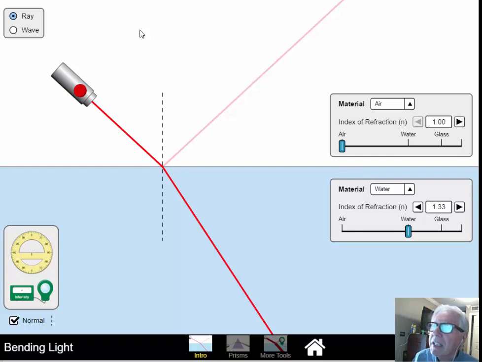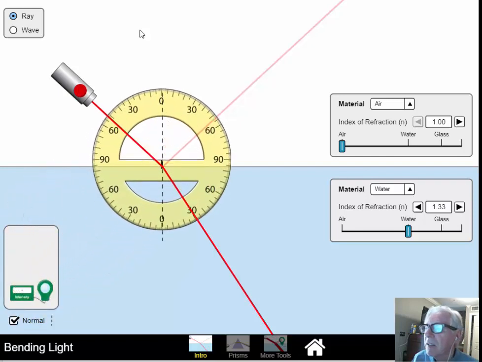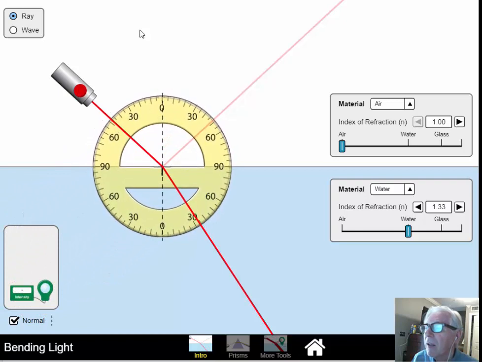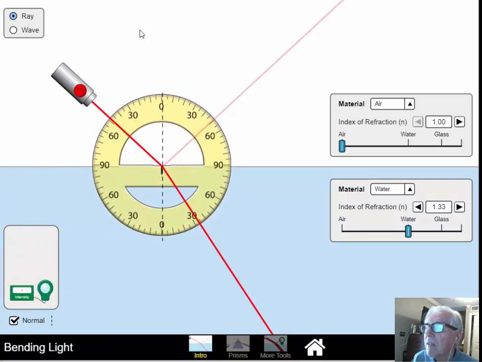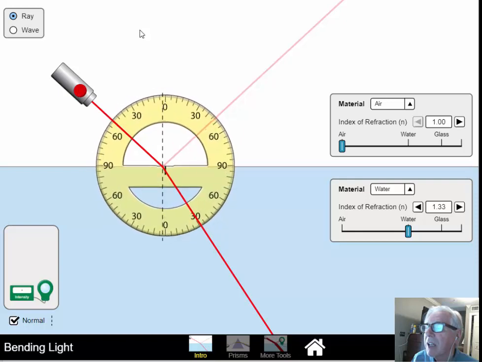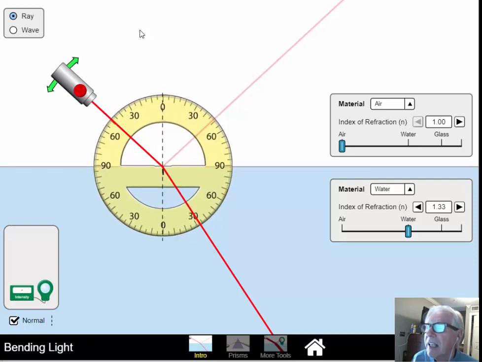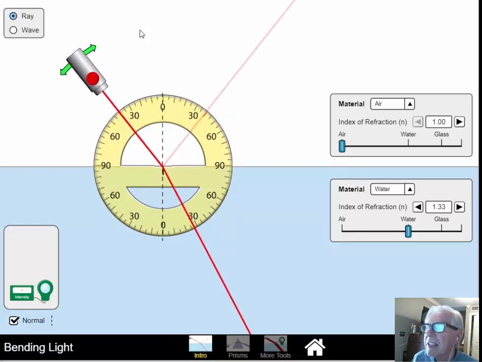What I'd like to do is investigate reflection. And so what I'm going to do is I'm going to take a protractor, and I will get it lined up eventually. And then I'm going to take, say, an angle, like let's set this to 40 degrees. What I see is that the angle of incidence is from the vertical normal, from the surface normal, around to where the beam of light is.